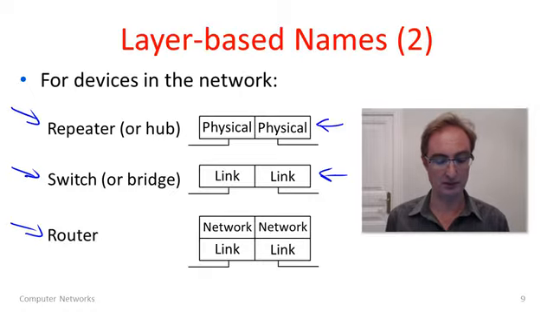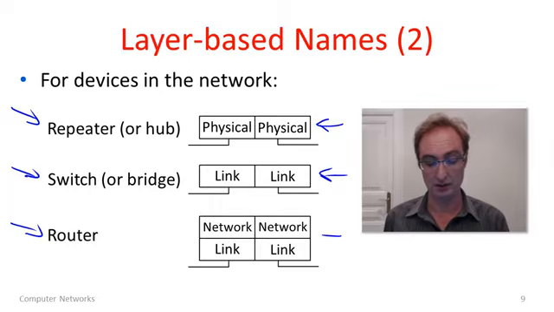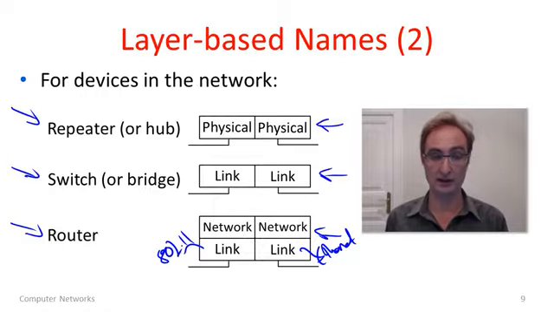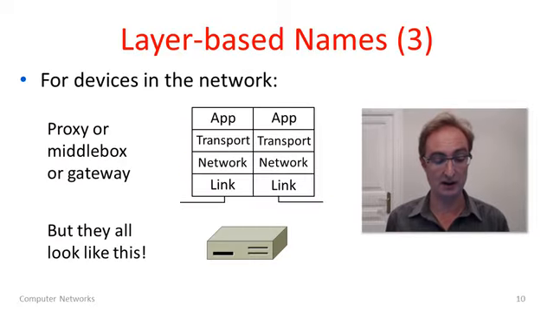Whereas a router operates at the network layer, so it's able to take in and connect instances of different links. So this might be 802.11 and this might be Ethernet. And this is how the router is able to connect different network technologies, by connecting at a higher layer, the network layer.